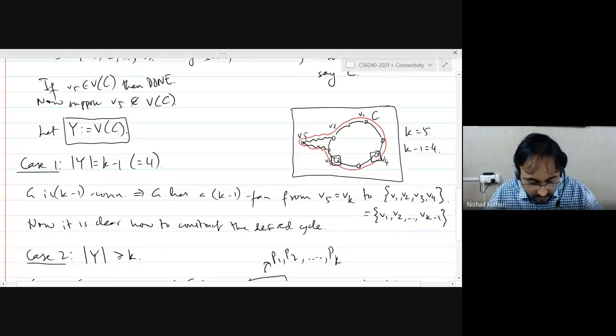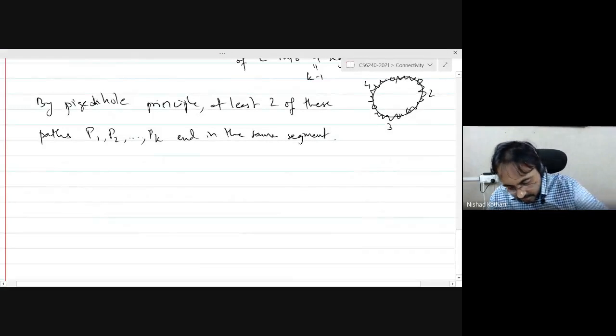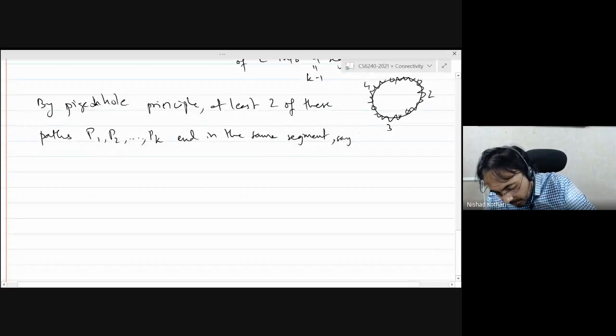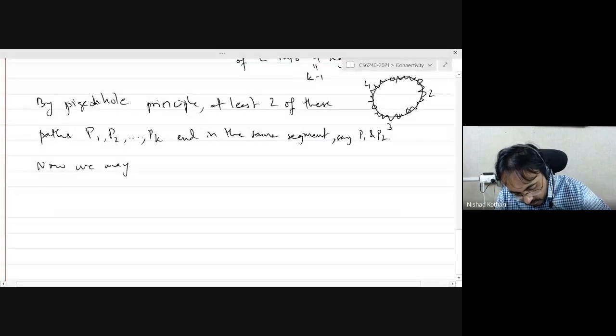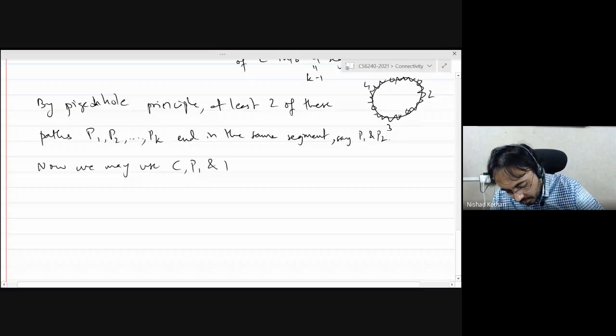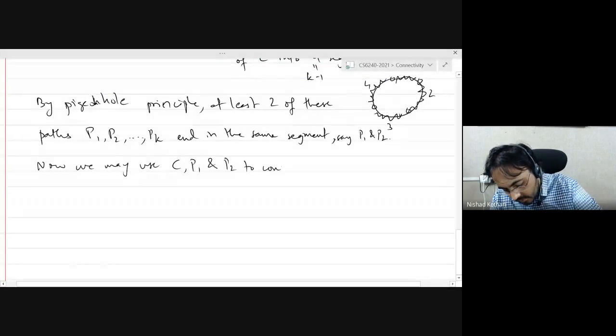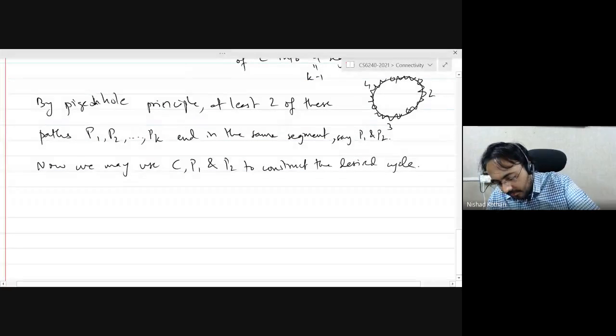Okay? Say P1 and P2. Now we may use the cycle C, P1 and P2 to construct the desired cycle containing all of the k vertices that we chose.